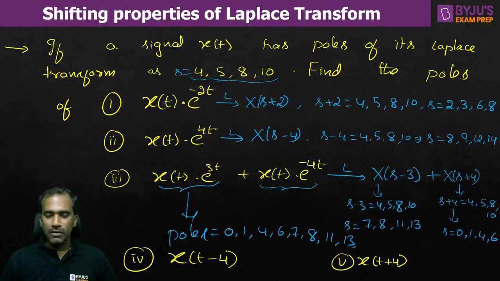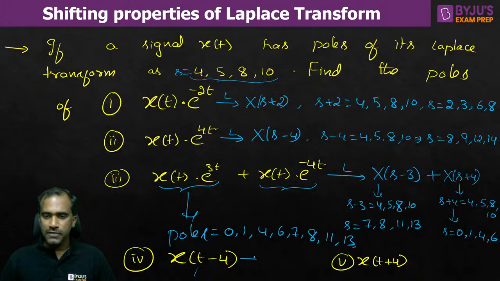Anyone can tell me the poles of this one? Come on, make it fast. You know the poles of x of t: 4, 5, 8, 10. What are the poles of x of t minus 4?